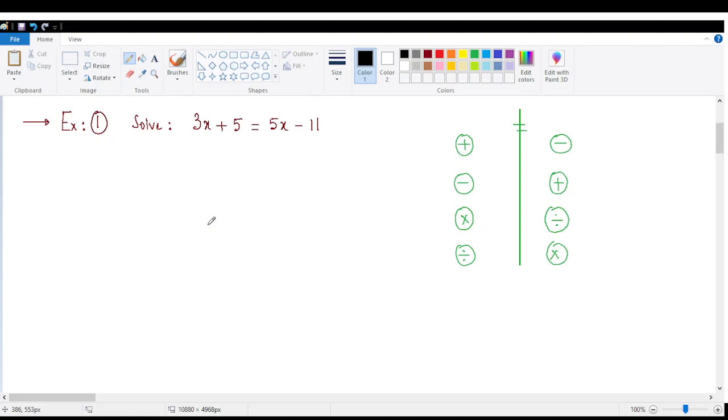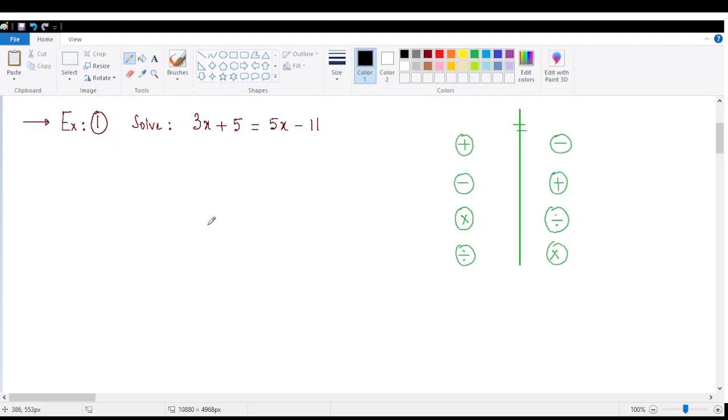Or I take the 3x to the right and it will be 5x minus 3x for the same reason, and then I get 2x, which is a positive value. So I'm not saying that you can't take 5x on the left side. You definitely can. But it's always wise not to play with danger, right? And negative sign is a danger.